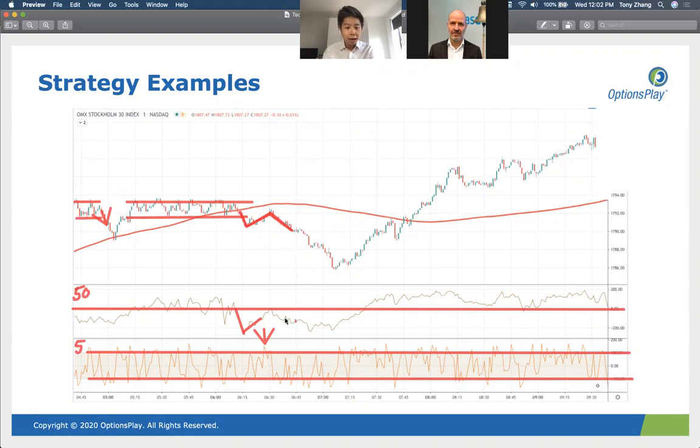And then as long as the trend stays the same, I would continue to wait for these fast triggers to give me sell signals. Each time I got one of these spikes in the short-term indicator, that would be a signal to sell. So I'd have a sell signal here, roughly here, roughly here, and here.